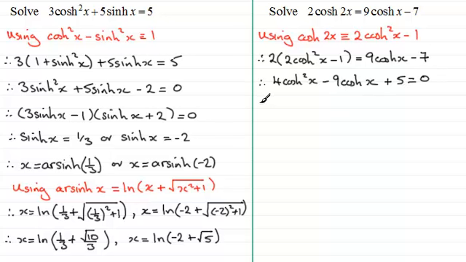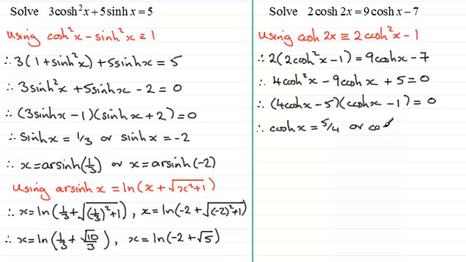And factorizing this, we end up with 2 brackets, and in those 2 brackets we're going to have 4 cosh x at the front here and a cosh x here, and we're going to have a minus 5 and a minus 1. So that leads on to cosh x equaling 5 quarters, or cosh x equaling 1.